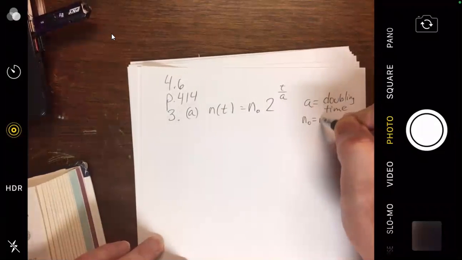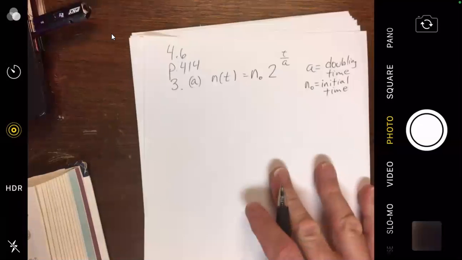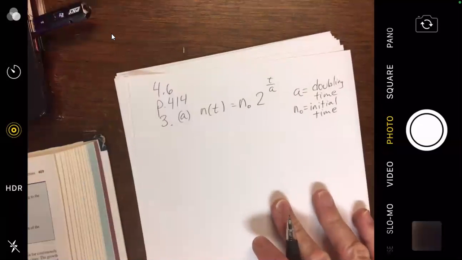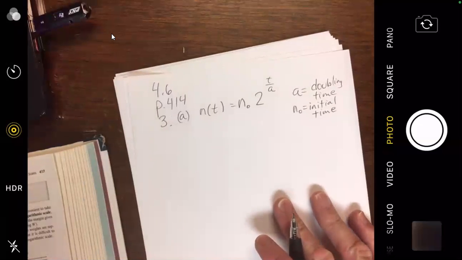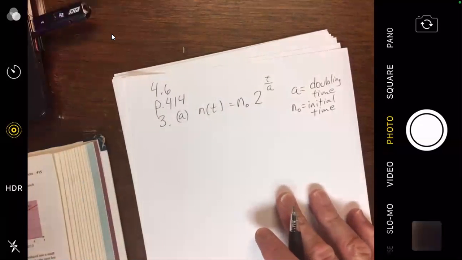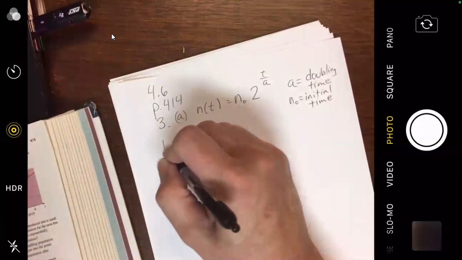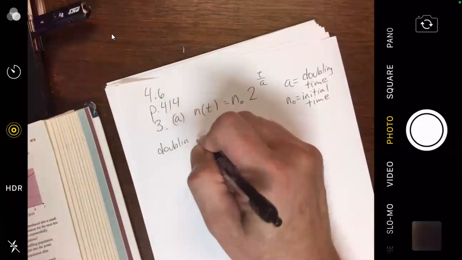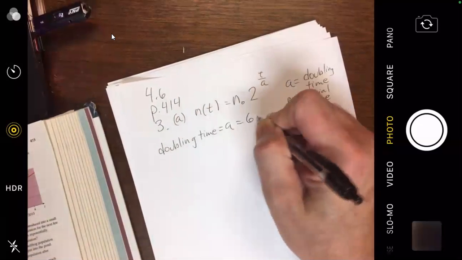N0 equals initial population, t equals time. Okay. In number 3, the doubling time is 6 years.